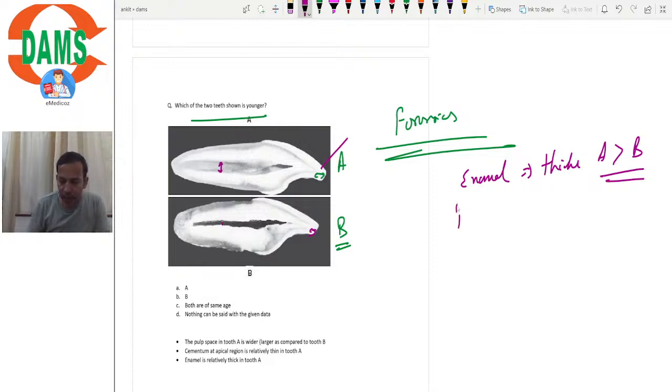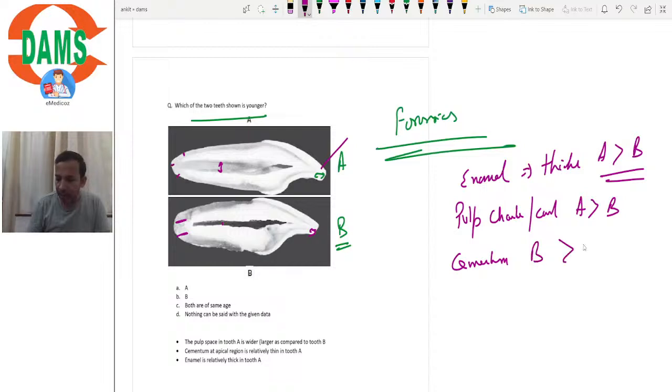Pulp chamber and canal, they are larger in A as compared to B. Then let's take a look at the thickness of the cementum. So cementum is thicker in B as compared to A.